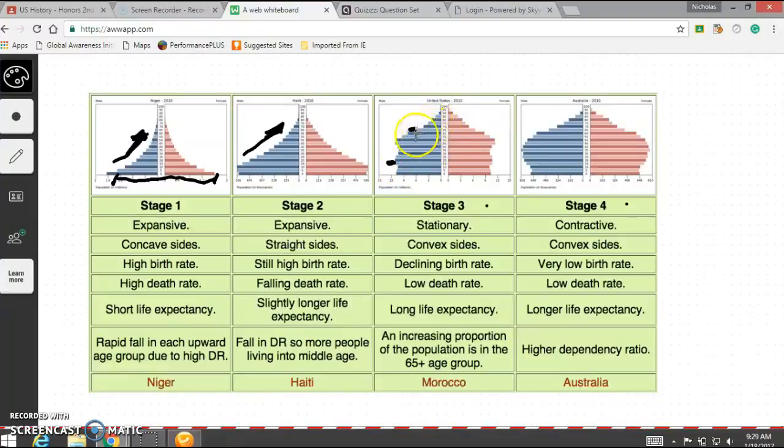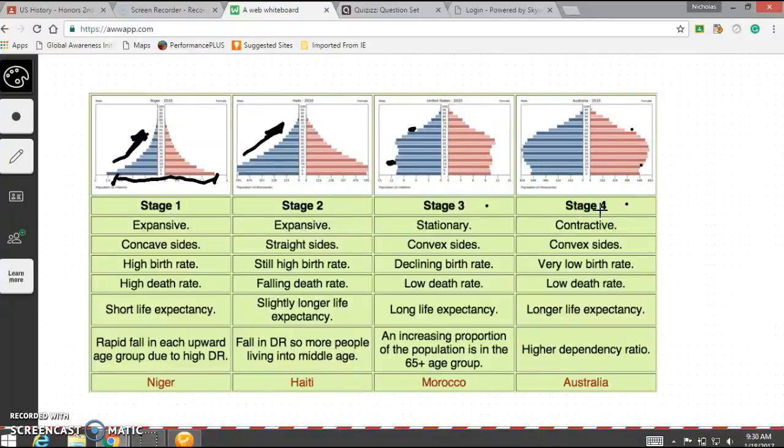At one point there was a pretty high death rate, and then the birth rate exploded, and we get these kind of straight sides. And there's a difference between the old dependency and the young dependency. Stage 4 countries, we look at the old dependents right about here, and the young dependents right about here.